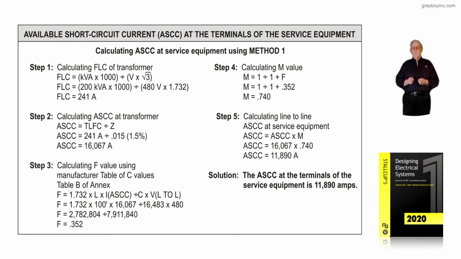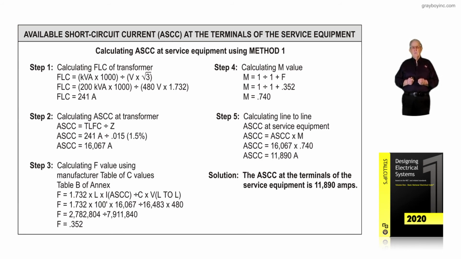Now, step 4, we're finding M. M is equal to 1 divided by 1 plus the F factor that we found in step 3. Now, when we do the math, we come up with an M factor of 0.740.